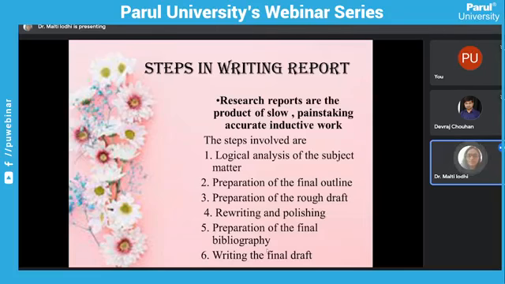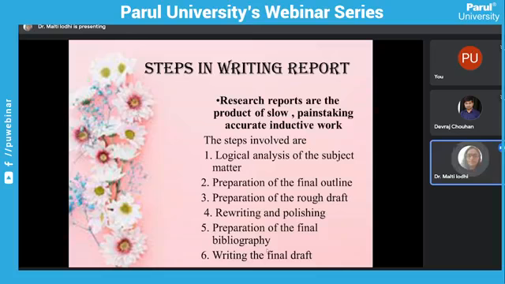Then preparation of the final outline. Definitely, you have to prepare the final outline. This is the most important part of your research writing. Then preparation of the rough draft. Why are we preparing the rough draft? We must have some things which are very essential to disseminate, to communicate, to publish.